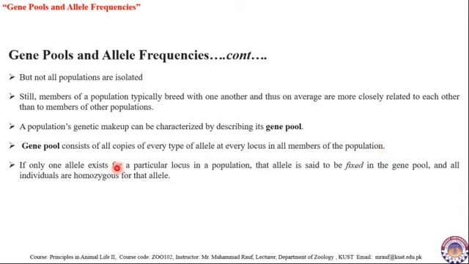If only one allele exists for a particular locus in a population, that allele is said to be fixed in the gene pool, and all individuals are homozygous for that allele.